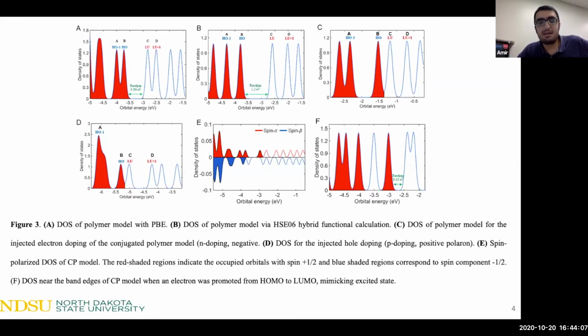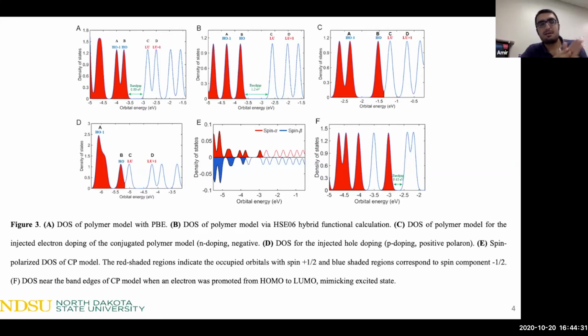So here the results show a band gap of 1.2 electron volt, which is very close to the reported experimental value, 1.3. However, I saw some papers also reported 1.2 electron volt as a band gap for this specific polymer model.